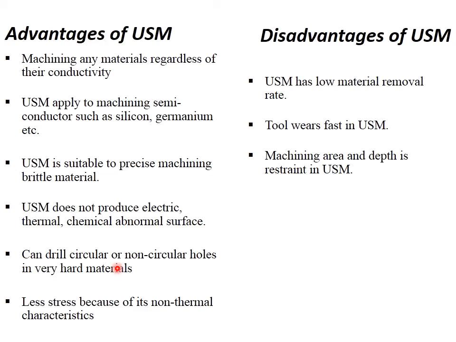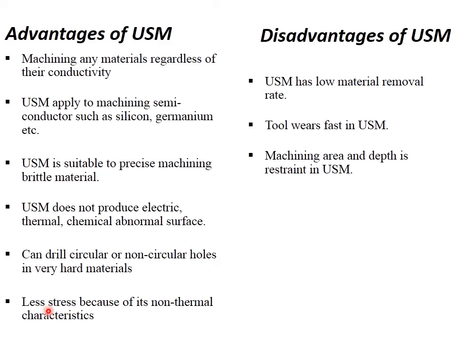So if I want to machine a hard material like a superalloy, a nickel based alloy, right? If I want to drill maybe an odd size or shape of hole, then based on my design of the tool, I can very easily drill any asymmetric hole in hard materials.